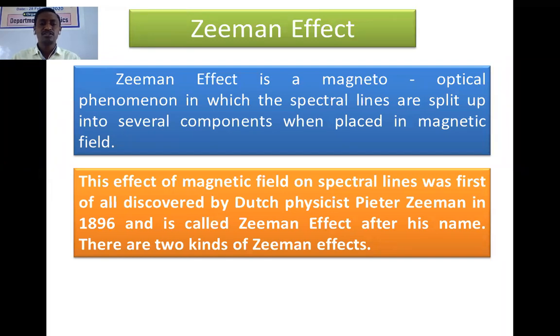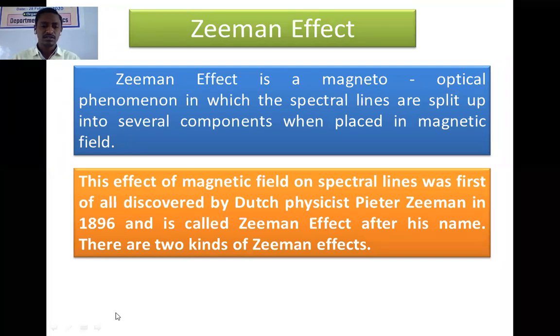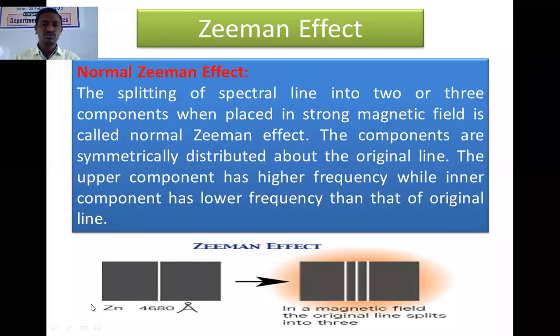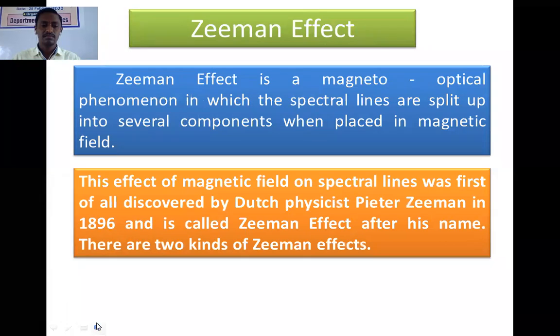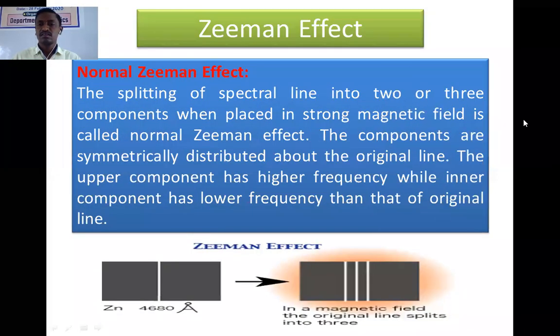There are basically two kinds of Zeeman effects. These two Zeeman effects are produced depending upon the strength of the external magnetic field and the nature of observation, meaning where the spectral lines are observed.